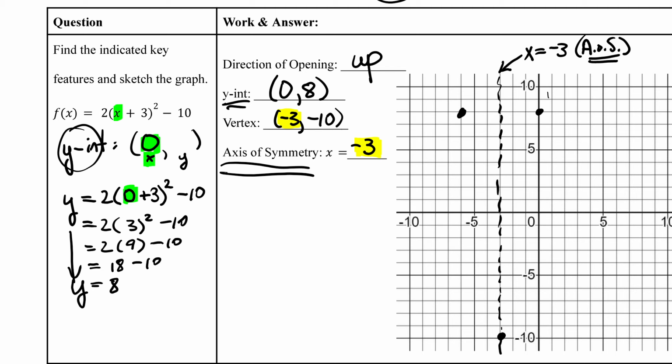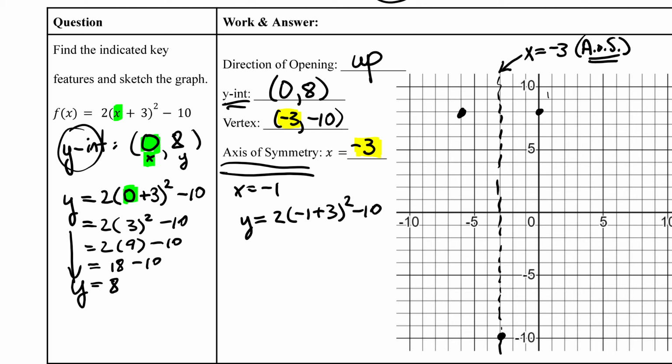I'm going to do the same thing. I'm going to consider x equals negative 1, a value I chose kind of close in. So x equals negative 1, y equals 2 times (negative 1 plus 3) squared minus 10.